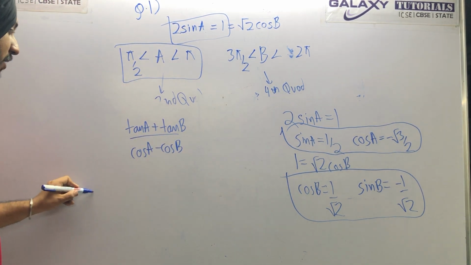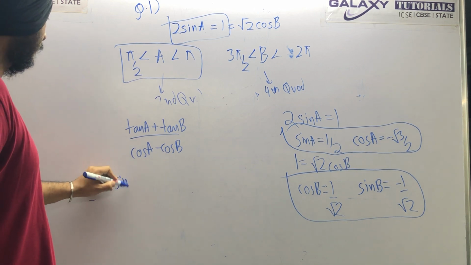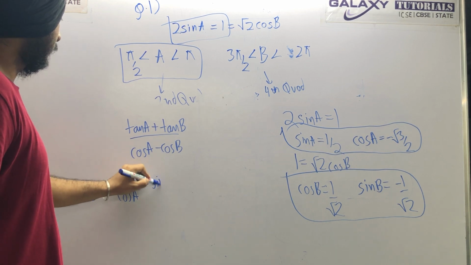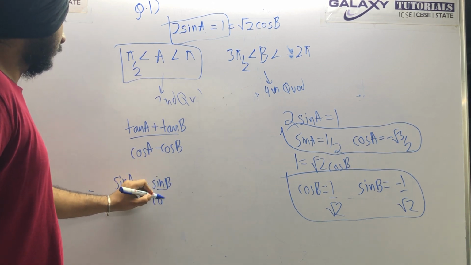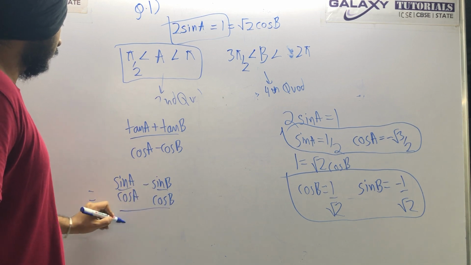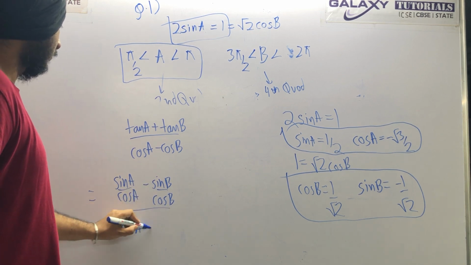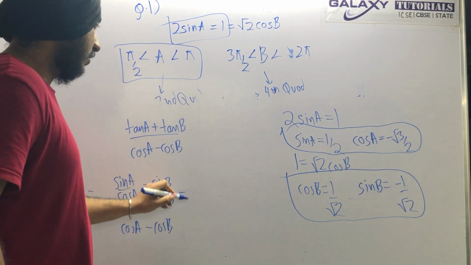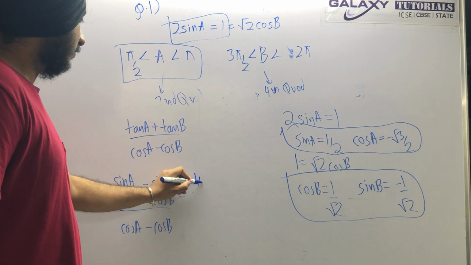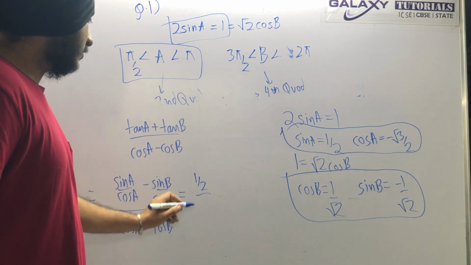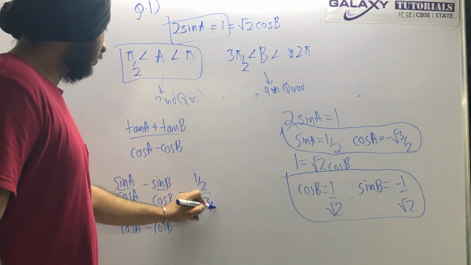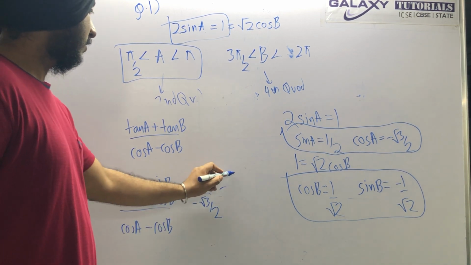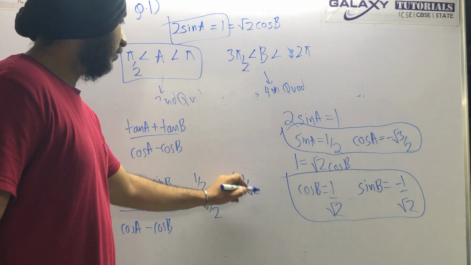Okay, so we had simplified it like this. Just now put the values, that's all. Sin A is 1 by 2. Okay, cos A is minus root 3 by 2. Minus sin B is minus 1 by root 2.